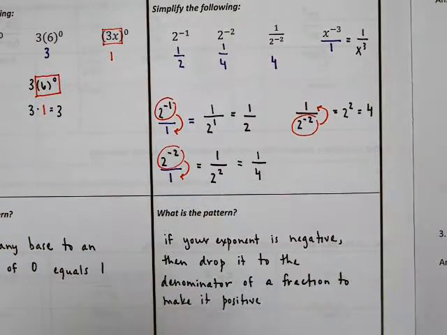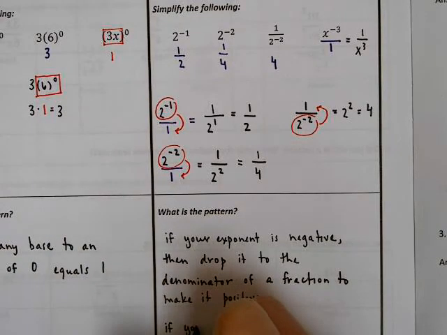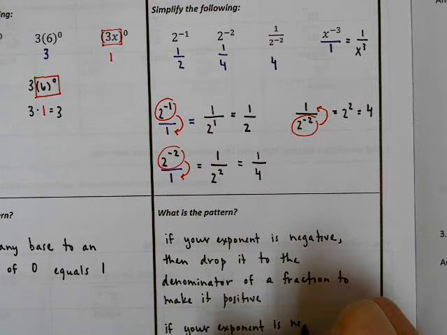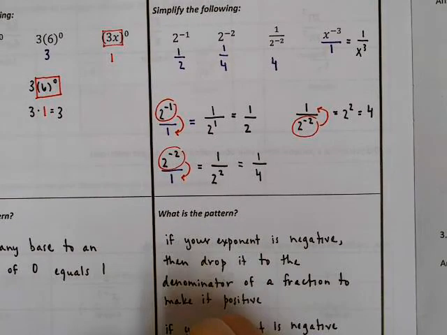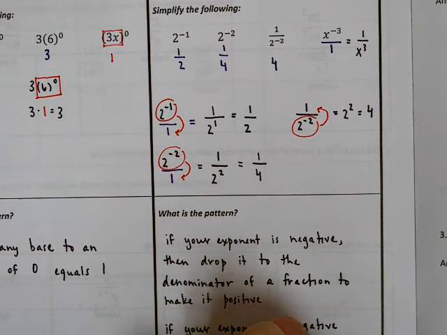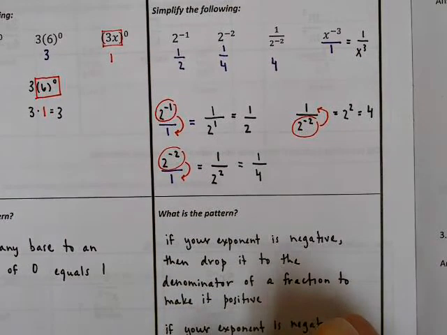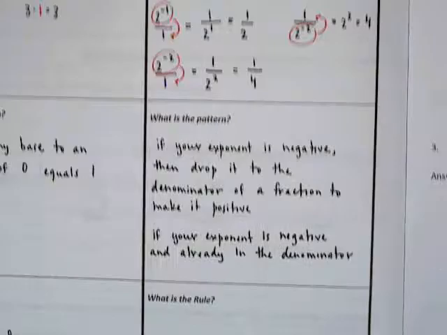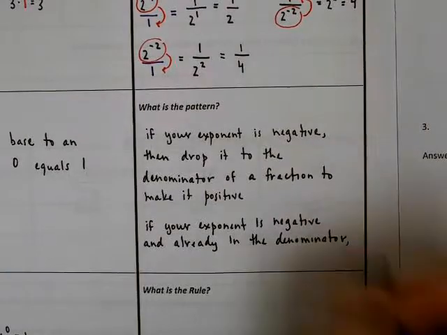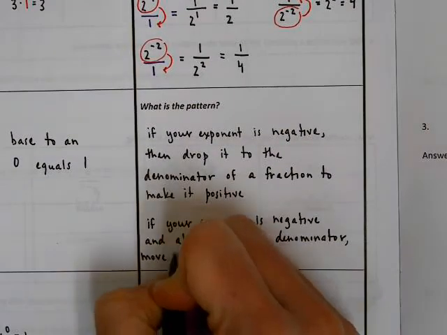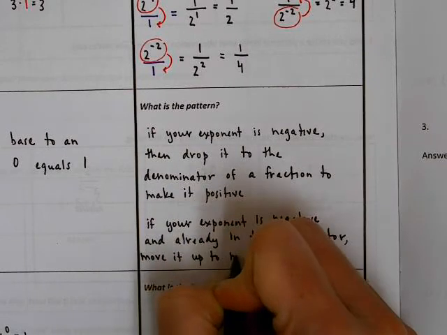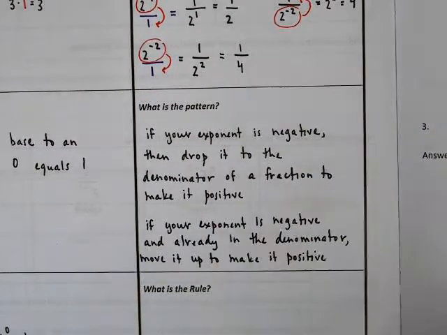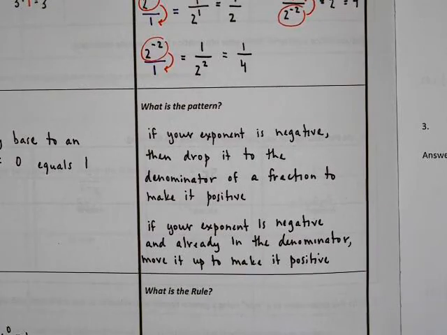And on the other hand, if your exponent is negative and already in the denominator, oops, I realize you can't see this, so I'm going to scooch it up. And already in the denominator, I'm going to say move it up to make it positive. So you may want to pause it there for a little bit to get that wording in there.